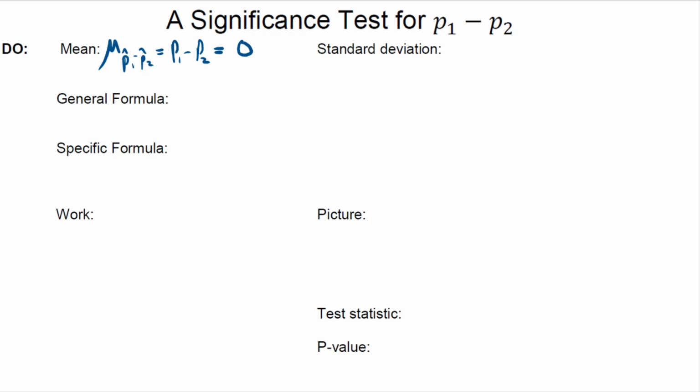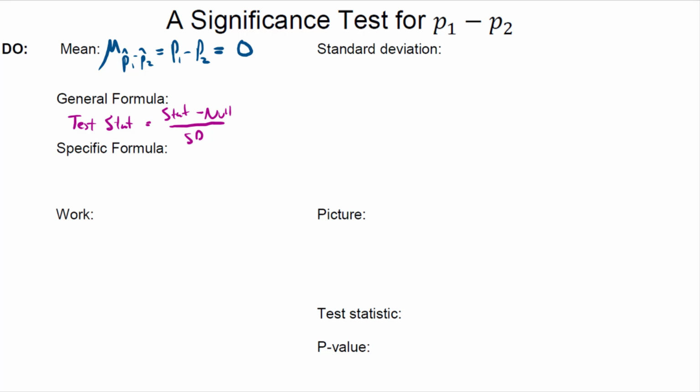All right, so now let's look at our general formula. For our general formula, we're talking about our test statistic. That's going to equal the statistic value minus our null, all over our standard deviation. Now we need to write a specific formula.